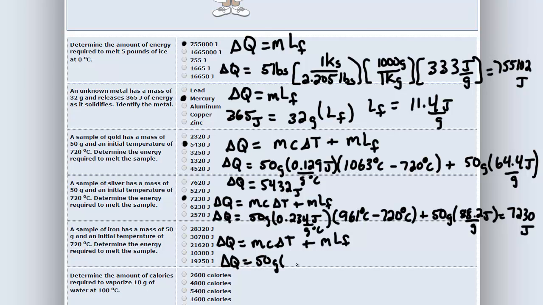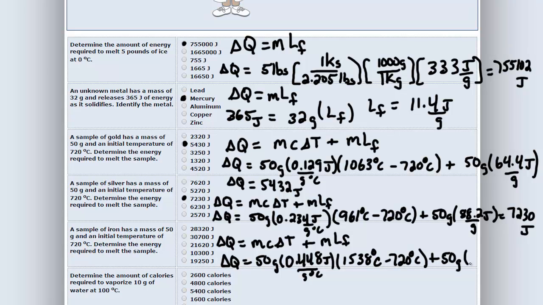And now we have to look up the specific heat of iron, which is 0.448 joules per gram degrees Celsius. And we need the melting point of iron, which is 1538 degrees Celsius, minus the 720 degrees Celsius, because that's where it is initially.